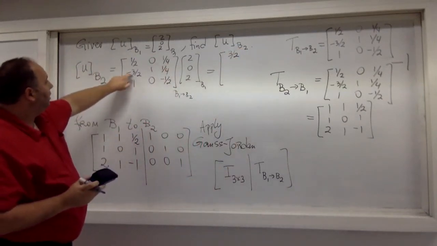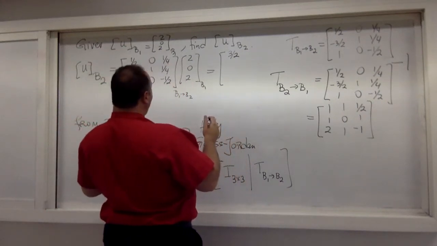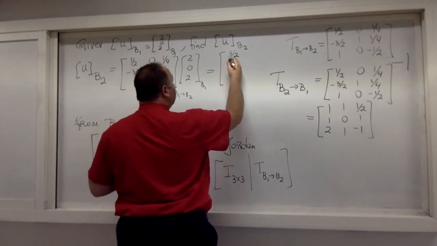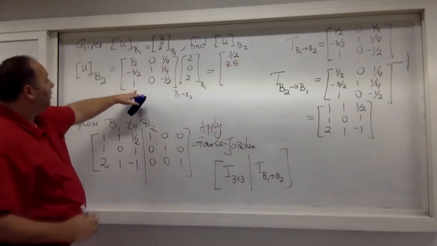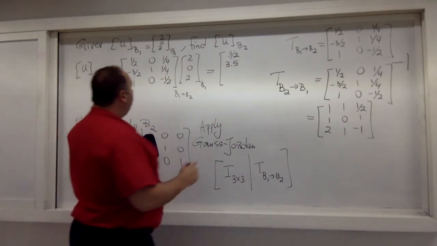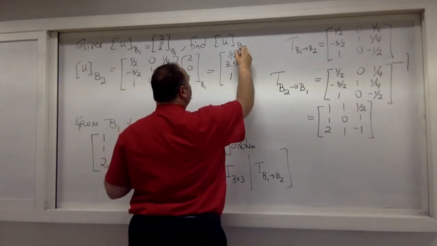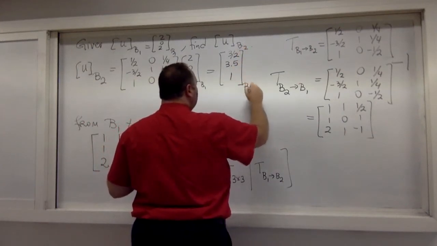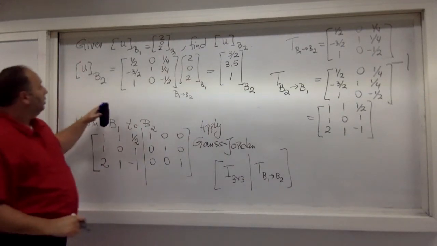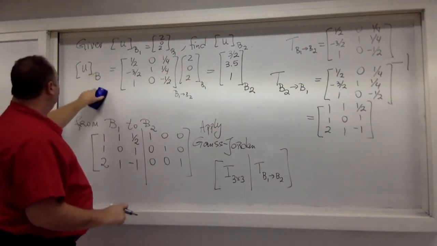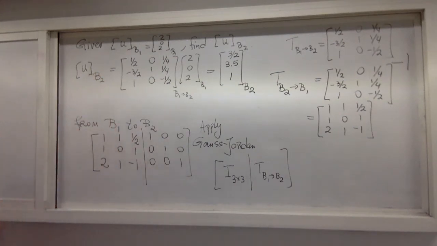Then minus 3 plus 0 plus 1/2, so 3.5, 7/2. And then you have 2 plus 0 minus 1, which is 1. This is what you get, and those are the coordinates of the same guy in basis B2. All good. Simple.